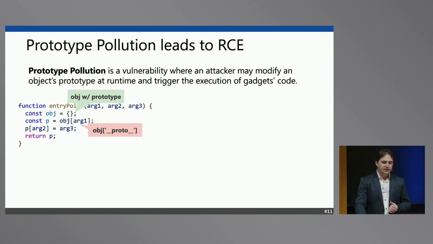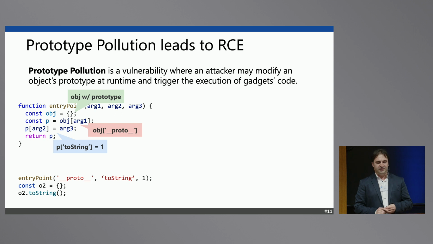Okay? And then there are a bunch of other things here. So having achieved access to the prototype, I can start creating new properties, and I can assign values that I like. Okay? So in this case, what we do is we overwrite this function toString, and then we assign it a value that is unexpected by the system.